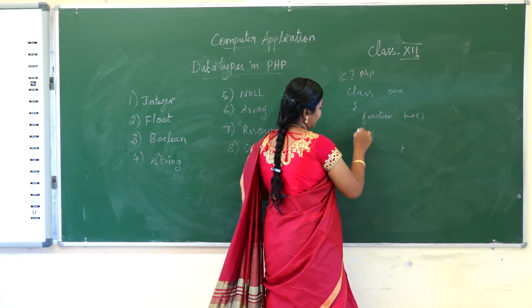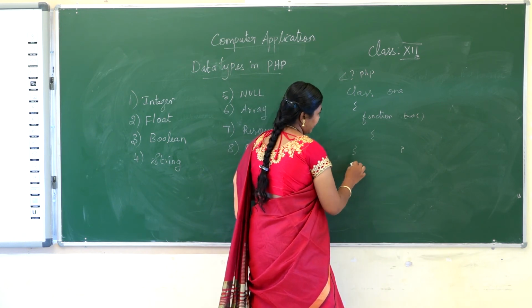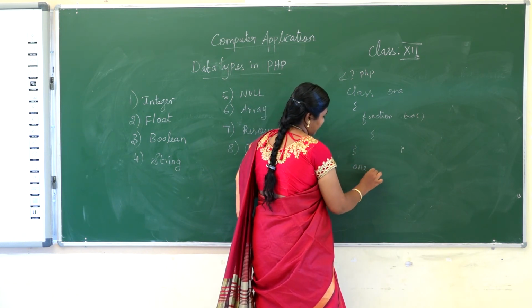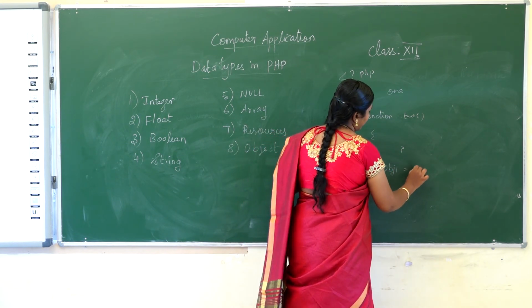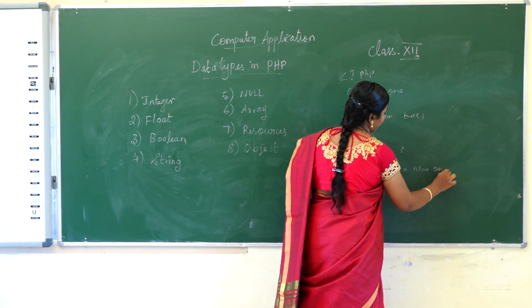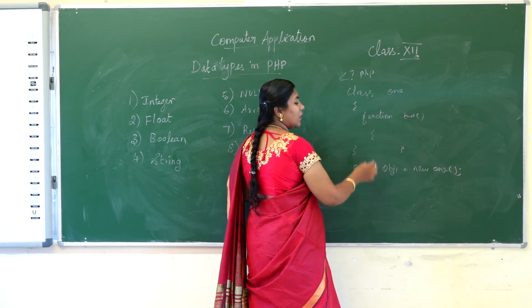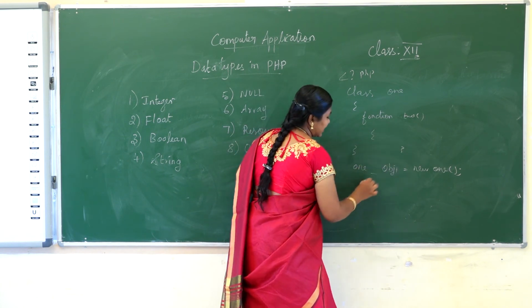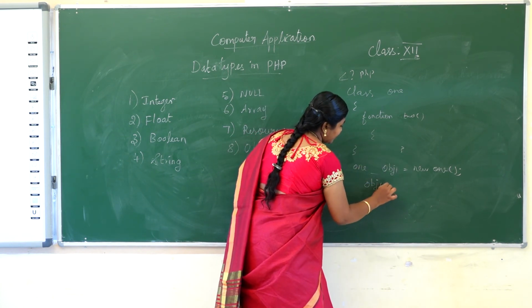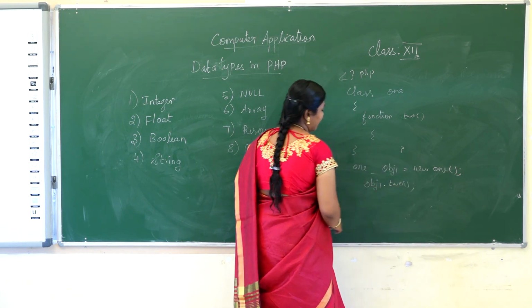This is a function and this is the class, and outside the class I will be creating an object for it: obj1, object 1, equal to new class. So object 1 is a new object I have created for this class. Okay? From this, you can call and use the function in it as object 1 arrow function.